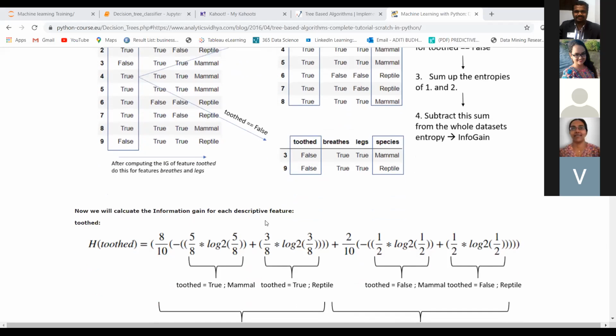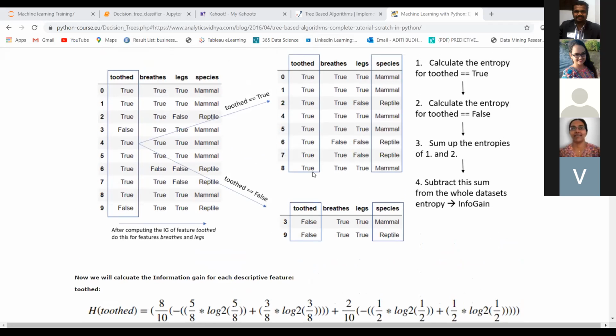So this is the probability for that animal to be a reptile and also having teeth. Again, we will apply the formula: 3 by 8 into log of 3 by 8. So this is for this part, when the tooth feature is true.